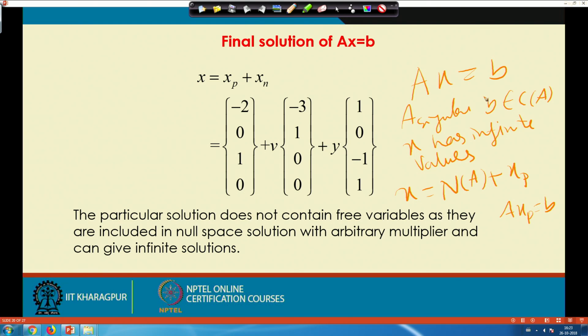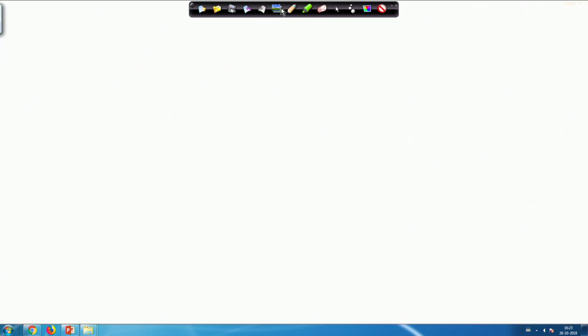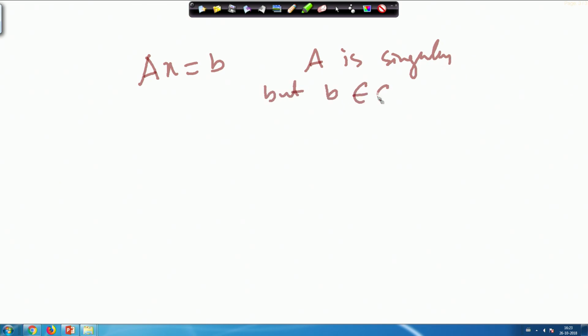The next question is how to find the nearest approximation for the no solution case. So, the no solution case of A x is equal to b can again happen if A is singular, but b does not belong to the column space of A. If b belongs to the column space of A, there are infinite solutions.